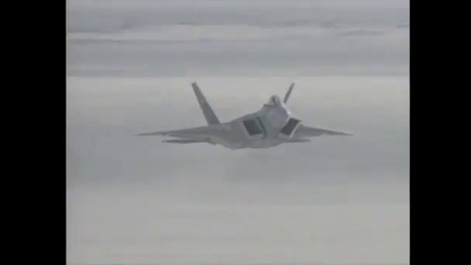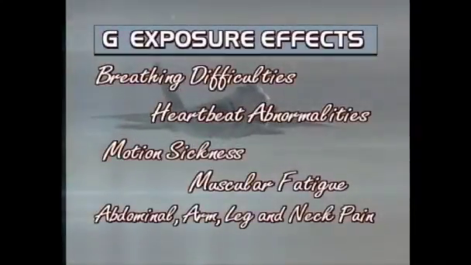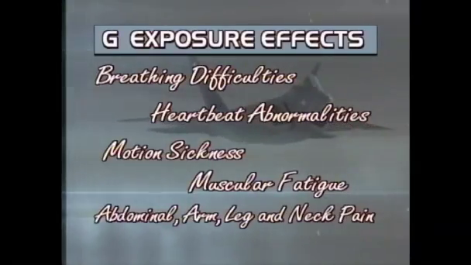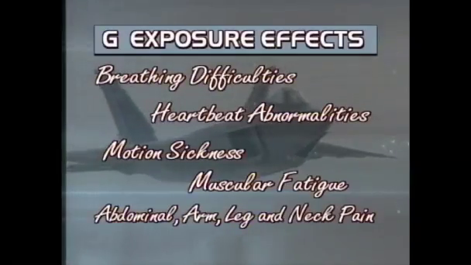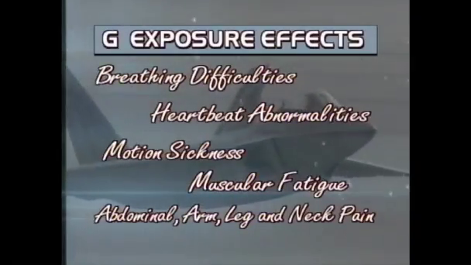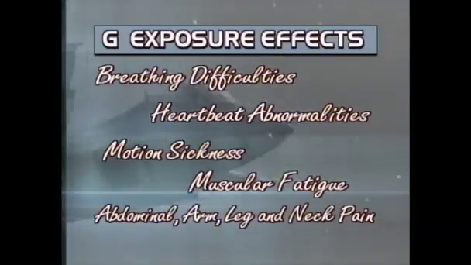Unfortunately, this can result in sudden G-lock without any preceding visual symptoms. Other effects of exposure to positive vertical Gs include breathing difficulties, heartbeat abnormalities, motion sickness, muscular fatigue, and abdominal, arm, leg, and neck pain.